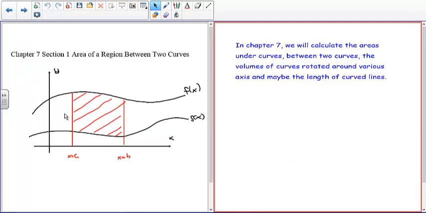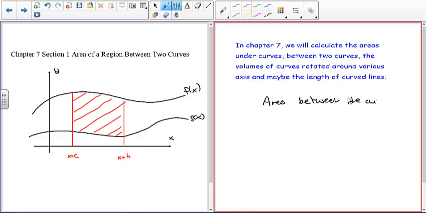So I'll go ahead and write it out. You'll see it again, but since we're looking at the picture, let's just formalize it. So what I can say is the area between the curves, I'll call that just A, is equal to the integral from a to b of f of x minus g of x dx.